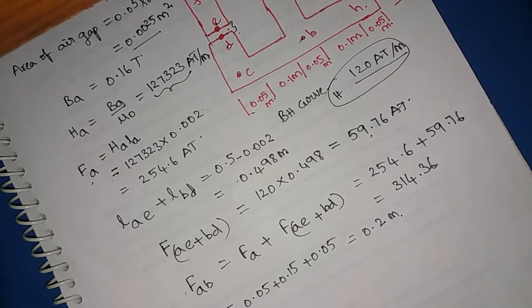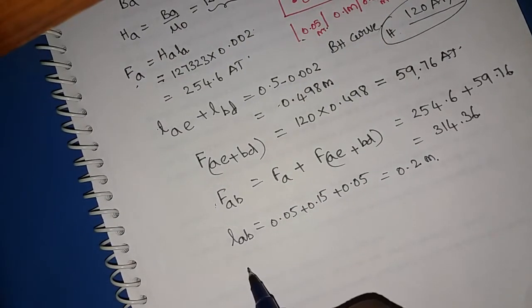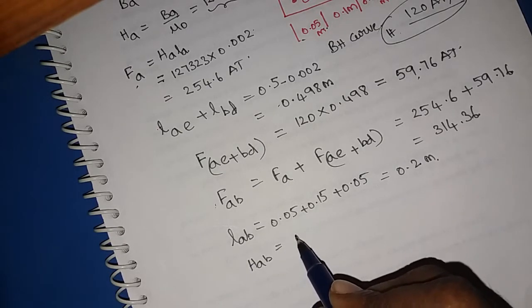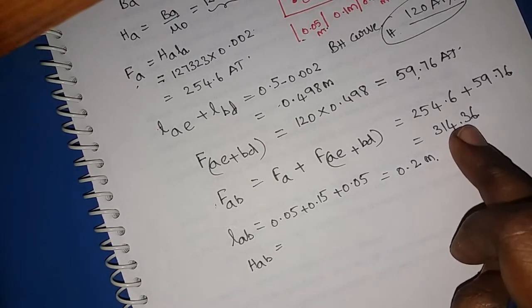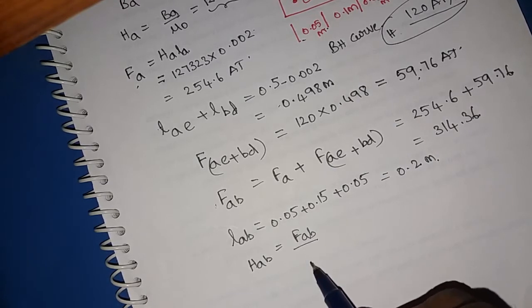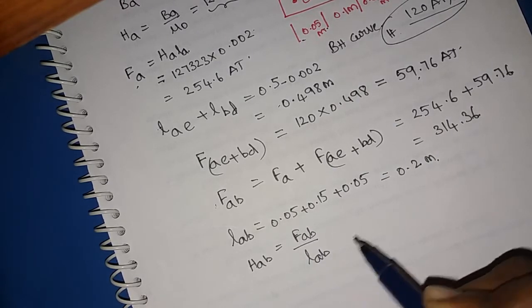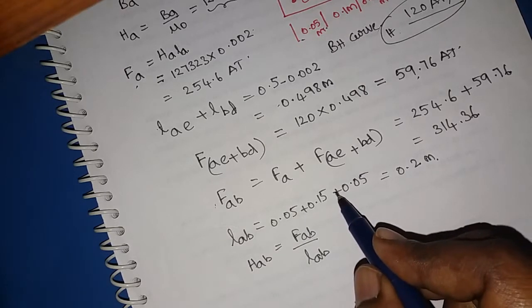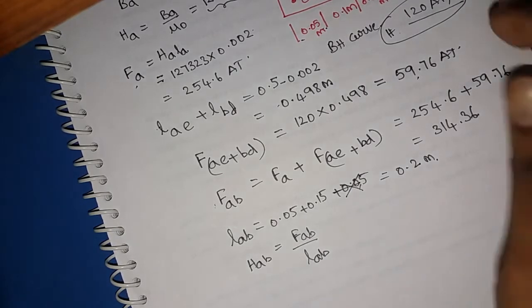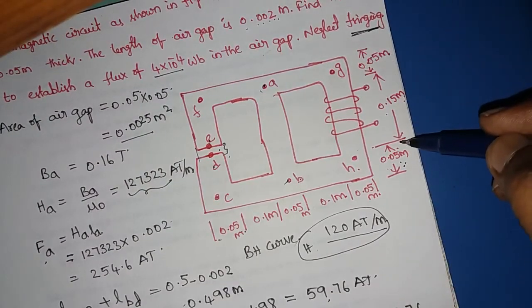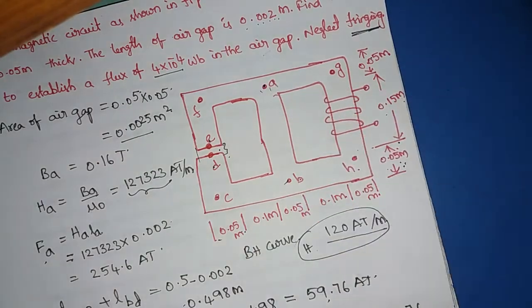So hence what is the value of HAB? HAB is the total, this one, divided by L, FAB by LAB. Here you should not take this value, only this one, 0.05 plus 0.15 for AB.